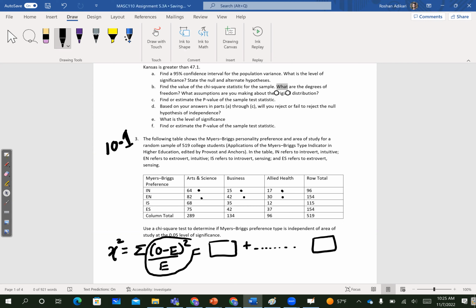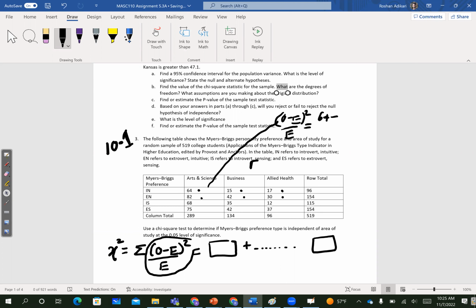Let me help you with the first cell. For the first cell, (O minus E) squared over E: O, the observed frequency, is 64. What is E? Now, how do you find E?